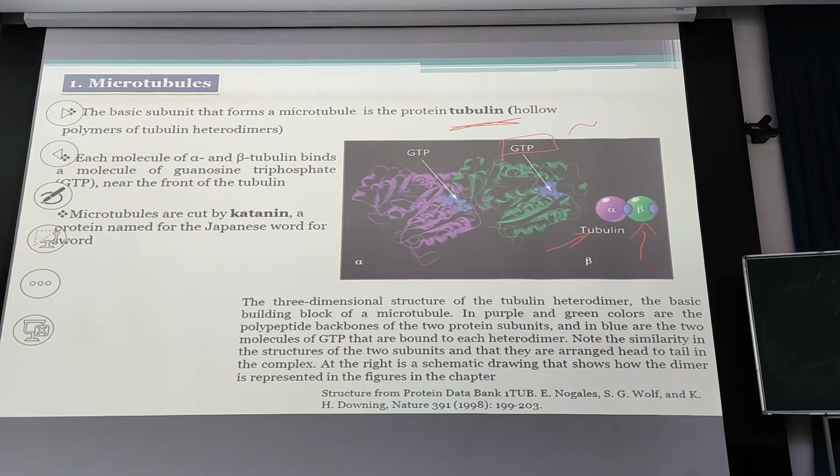Briefly, this structure is like ATP, adenosine triphosphate; here it is guanosine, so the difference is in the base: adenine or guanine. So alpha and beta tubulins bind with GDP to form one subunit of tubulin.